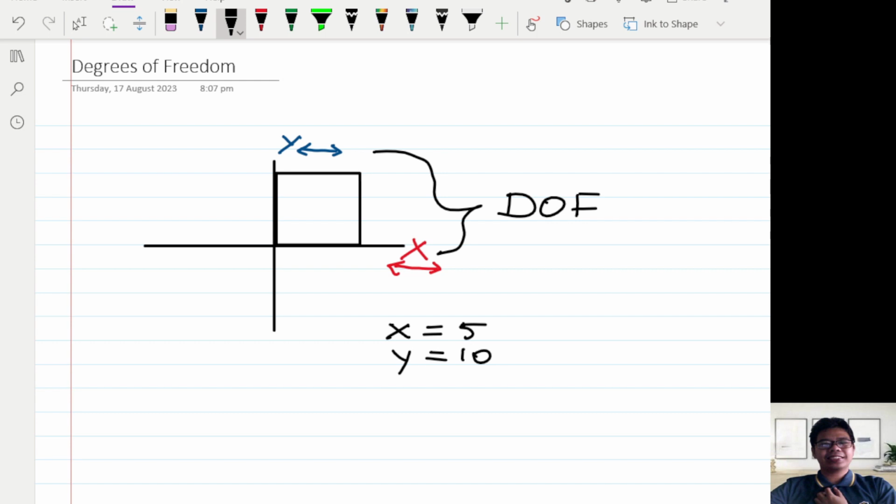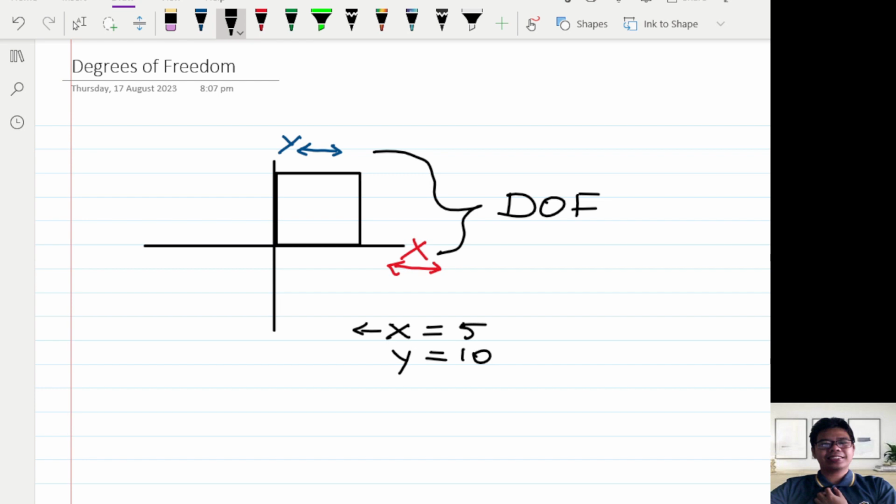Whatever our object is, we effectively unlock the ability to convey the object's position and orientation within the 2D plane. In essence, our object possesses 2 degrees of freedom. So, x and y are the 2 degrees of freedom.